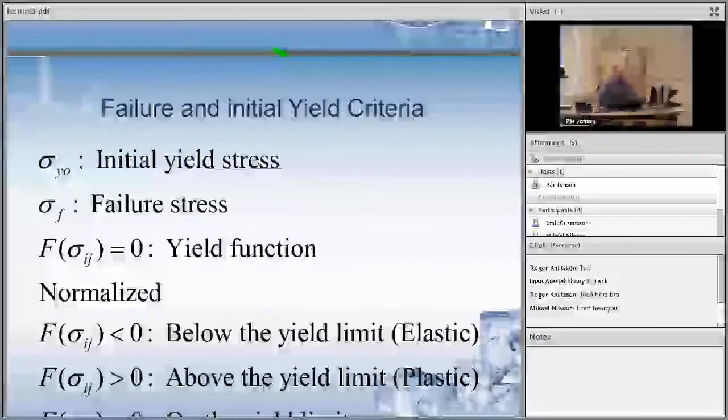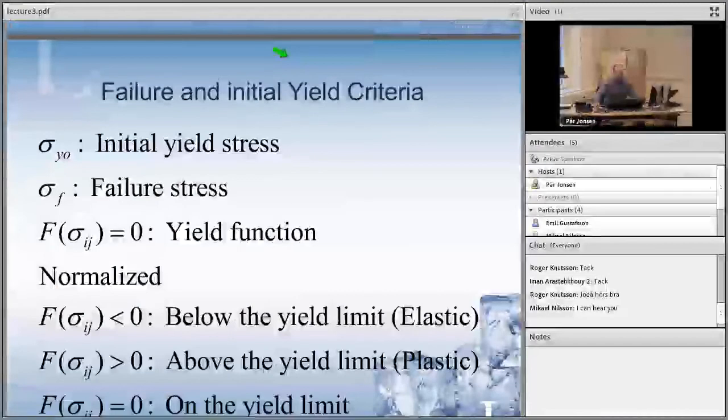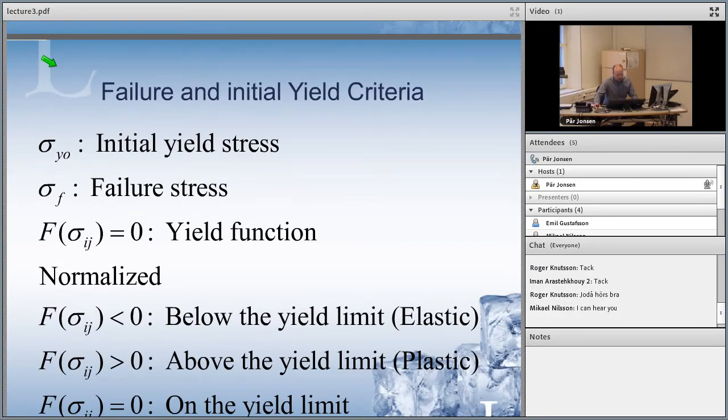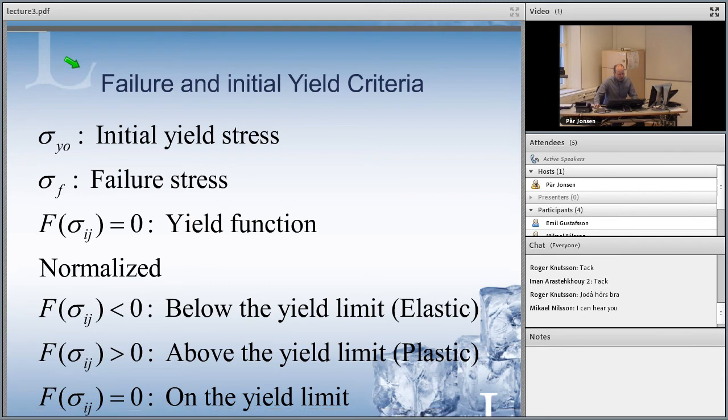And we have some parameters here. Sigma y0 we call the initial yield stress, and sigma f we call the failure stress. And large F, in this case dependent on the stress tensor, we call the yield function. I will show you later during this lecture that it can depend on many different invariants.